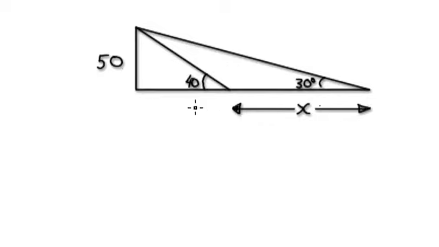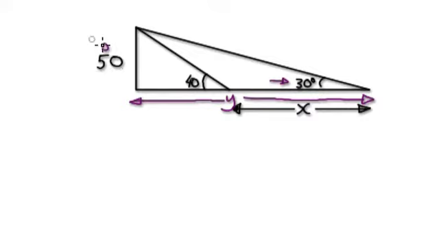So let's work out the whole distance. Let's just call it y. y is the whole distance here. So it will be a trigonometry question because we've got an angle here of 30 and this is 50.